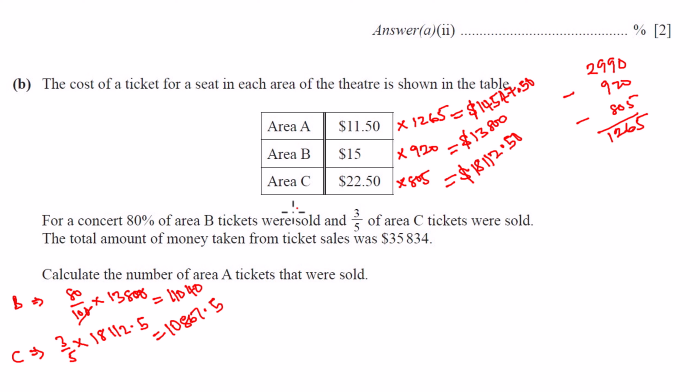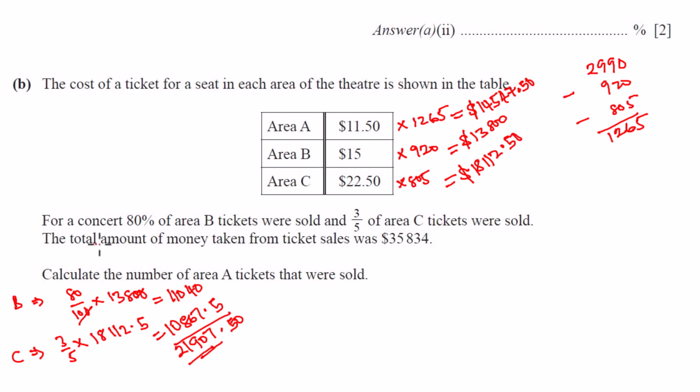So this is the amount that was sold, and if we go ahead and add it together, plus 11040, that is 21,907.5. So this is what they made from the sales of those tickets.